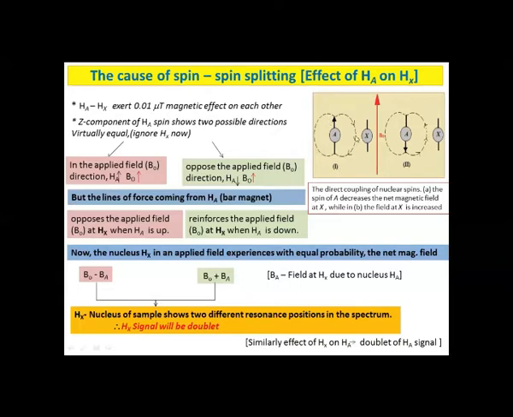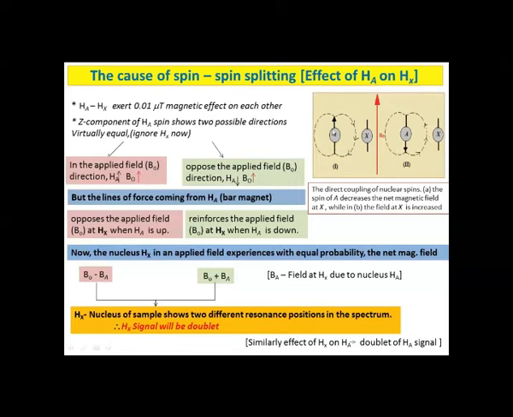Only we'll be considering the Z component of the HA spin, and that will be showing two possible directions, one upwards and the other downwards. One will be along with the applied field direction B naught, and the other will be opposing the applied field direction B naught.